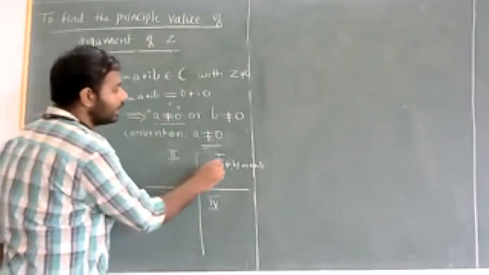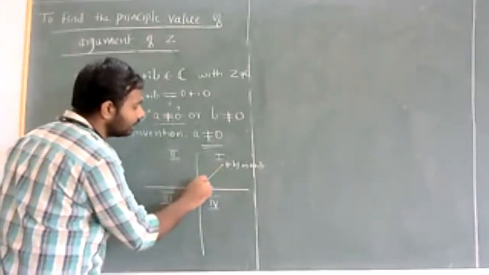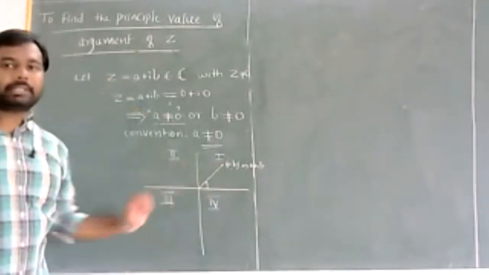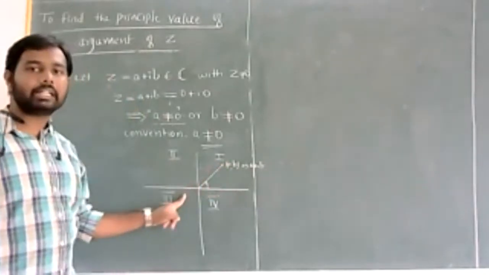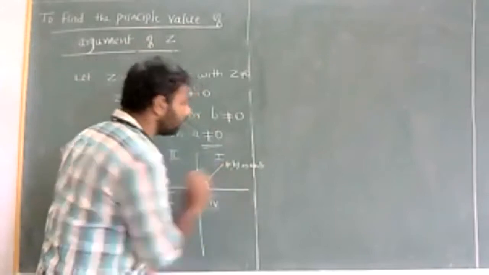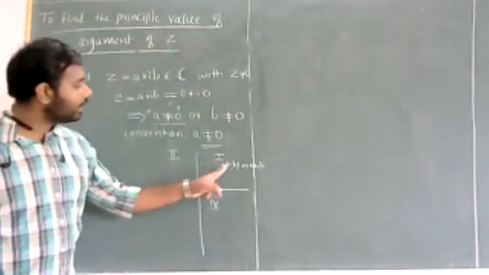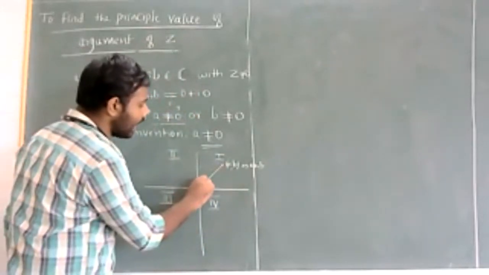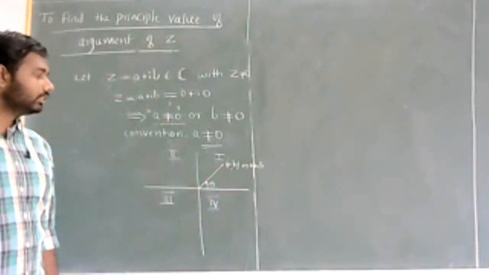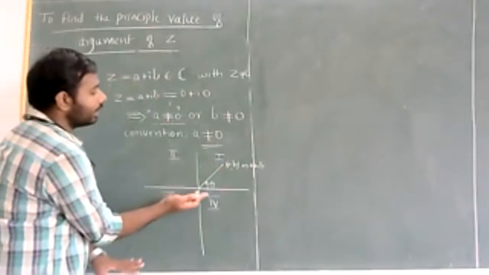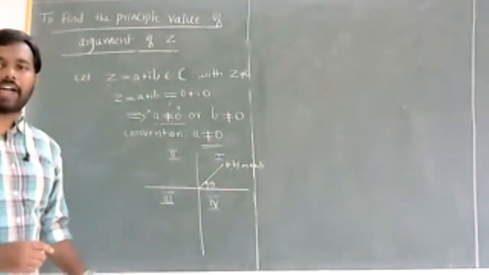So the argument value is, first of all, the angle subtended by the line joining the point (a, b) and the origin with respect to the positive real axis. In this case, this is the angle, and say it is theta. Now I'll come to measures of angles.